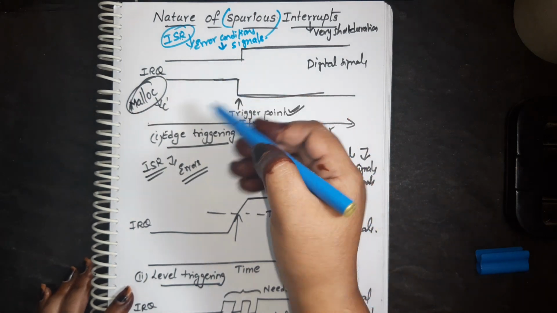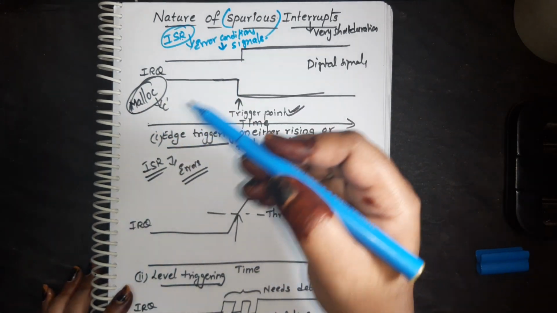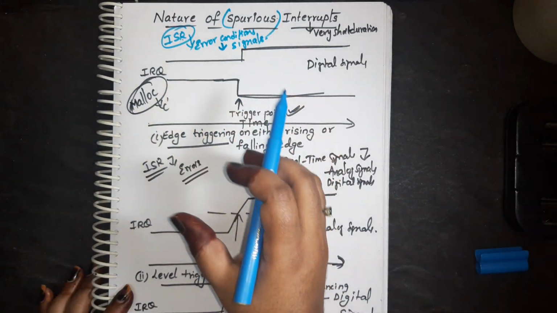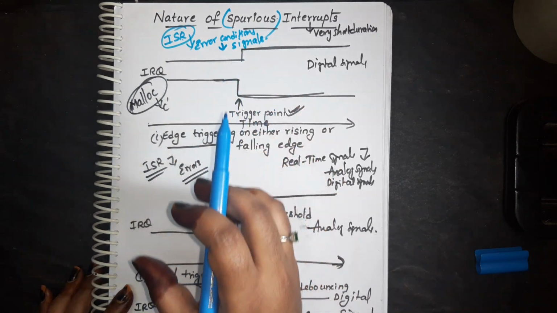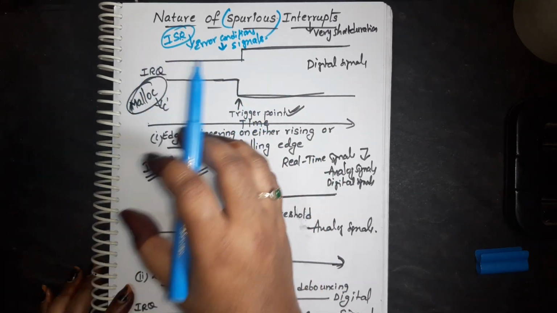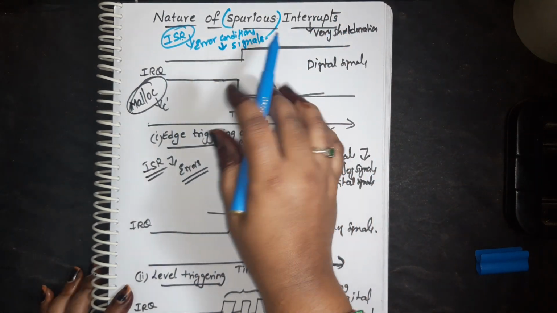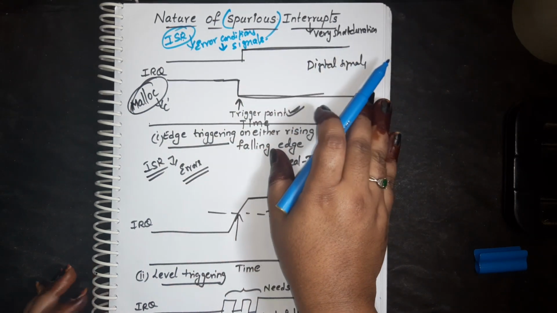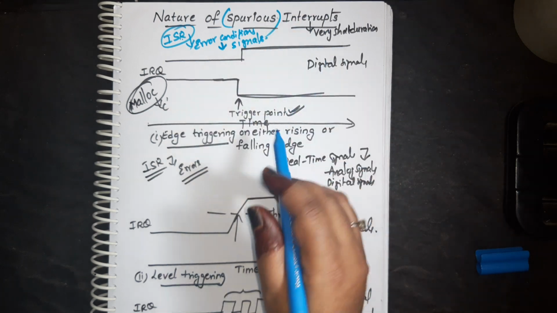When any error conditions occur in a critical system, in order to bring the system into a safety state, some signals are generated, and these signals are generated for a very short duration of time. So spurious interrupts are very short duration signals which are generated in the normal execution of the interrupt vectors or interrupt lines. These types of interrupts are called spurious interrupts.